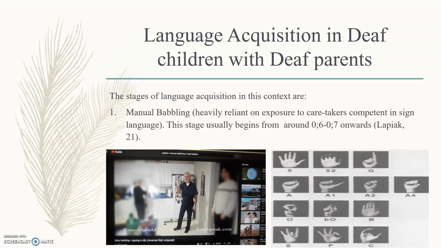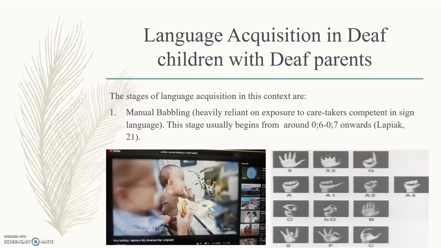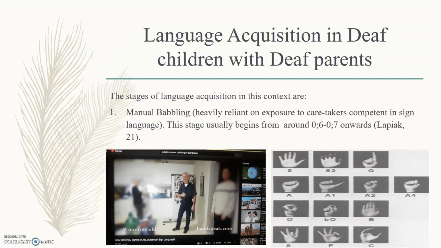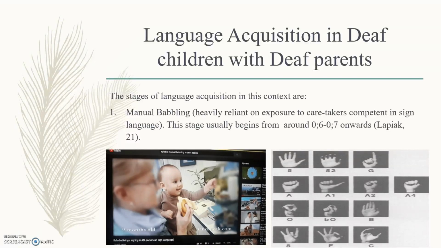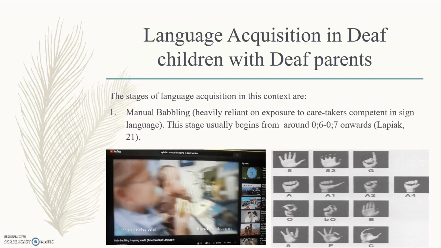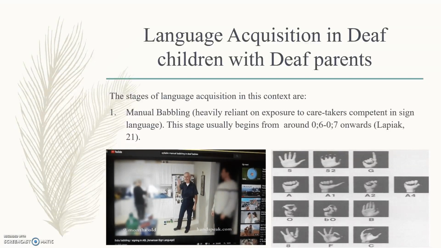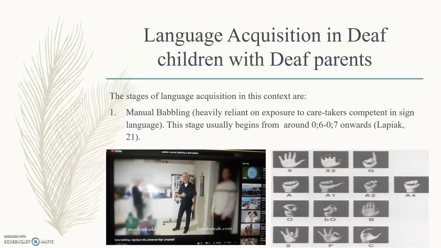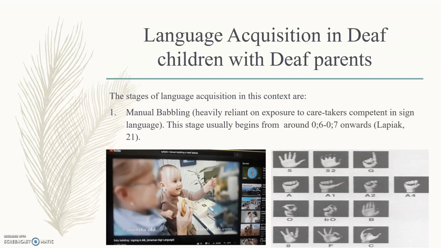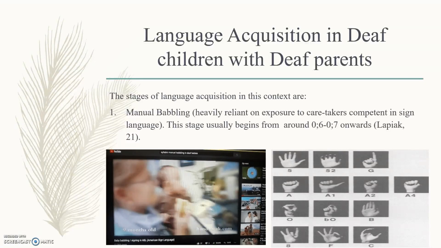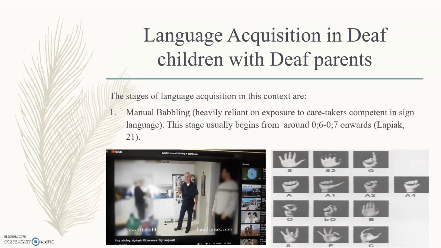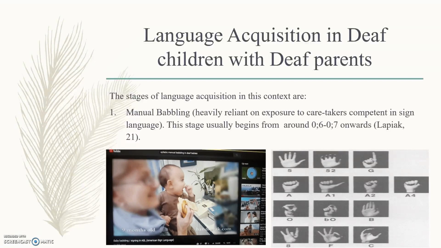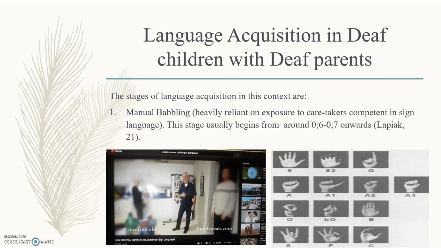So to the right, you can observe some of the phonemes or some of the gestures that the child begins to make in terms of recognizing phonemes and beginning to articulate them. So these are some of the signs that you would actually see in the manual babbling stage, which is an attempt of realizing and articulating phonemes.